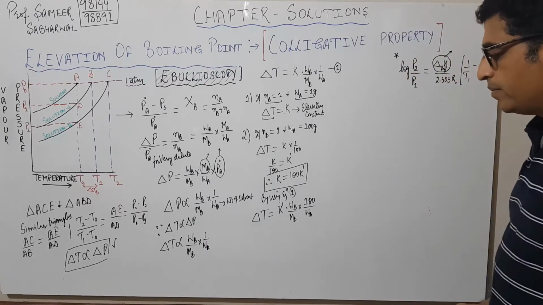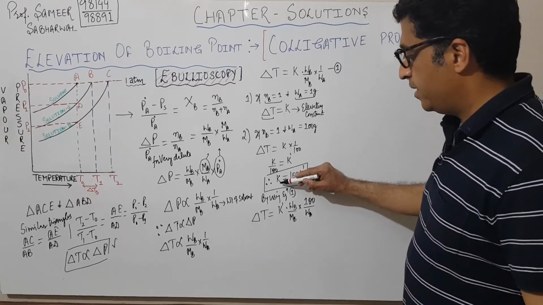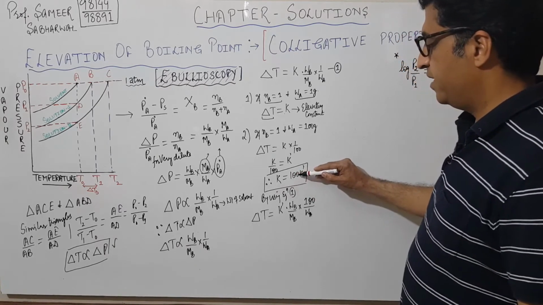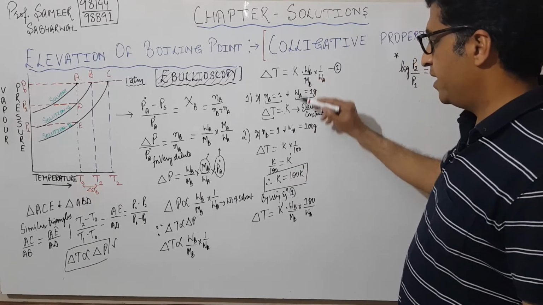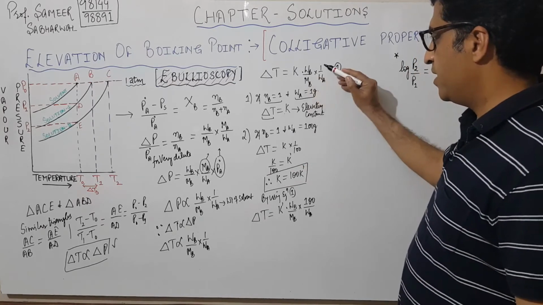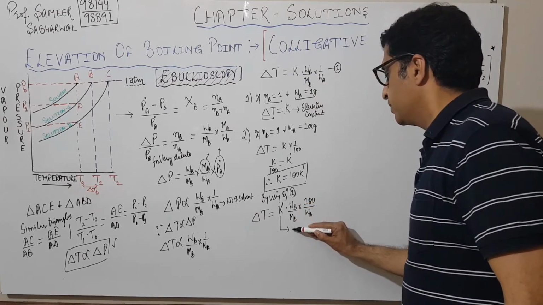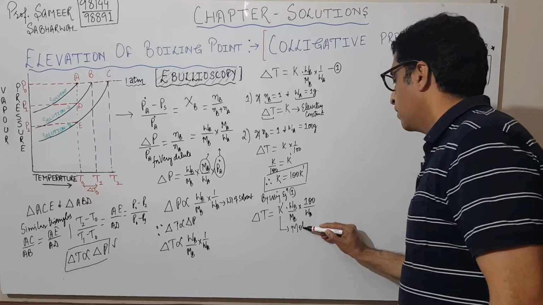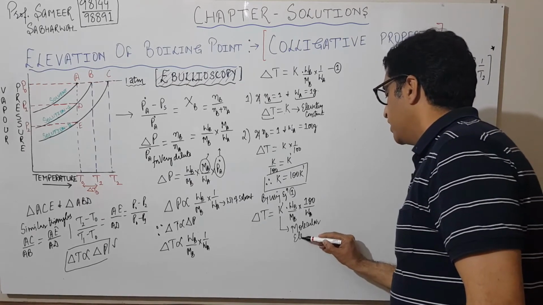So students, remember this is a new constant. What I did, I simply considered the value of K as 100 K dash and I replaced this K by 100 K dash. So K dash comes here and 100 here, so I got this equation where K dash is known as molecular elevation constant.